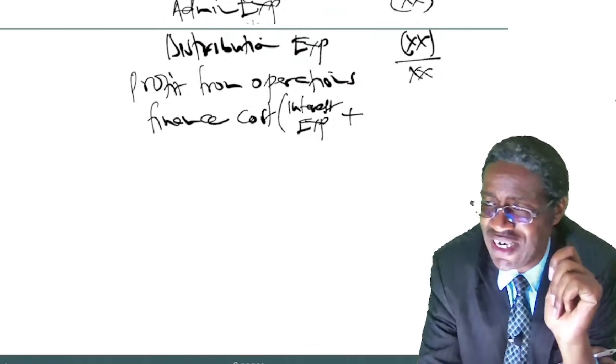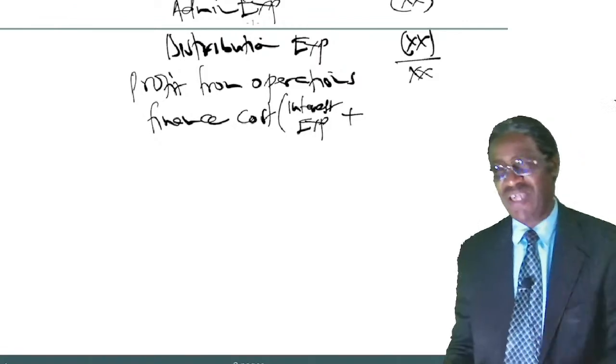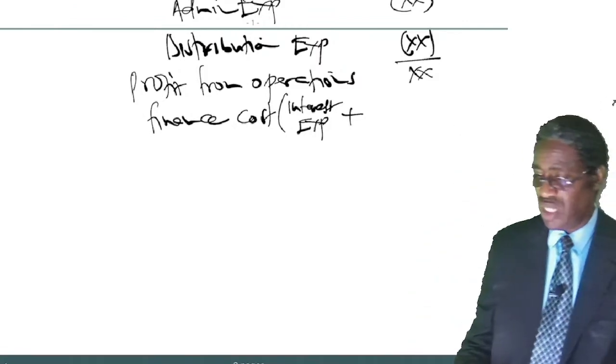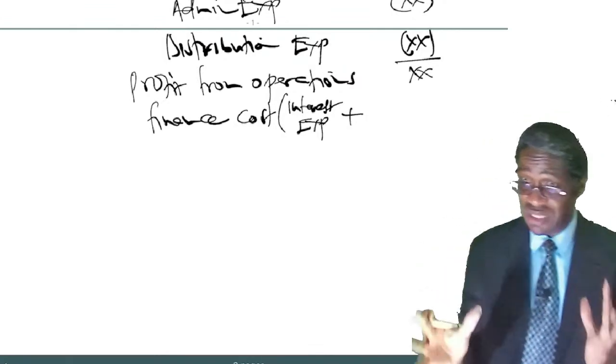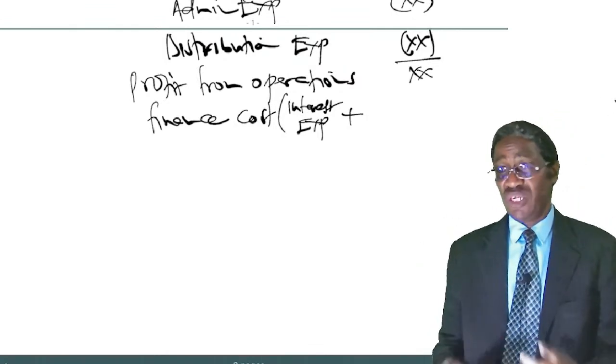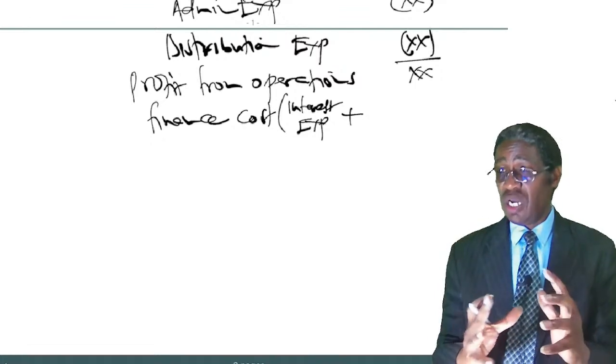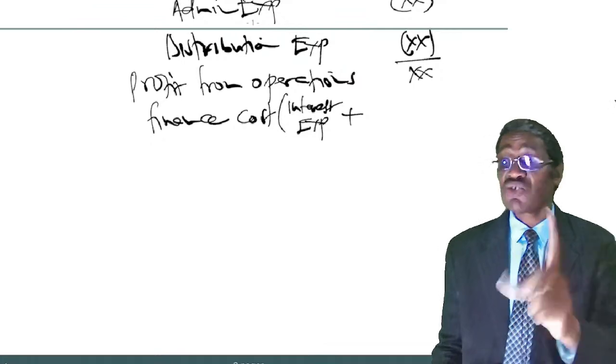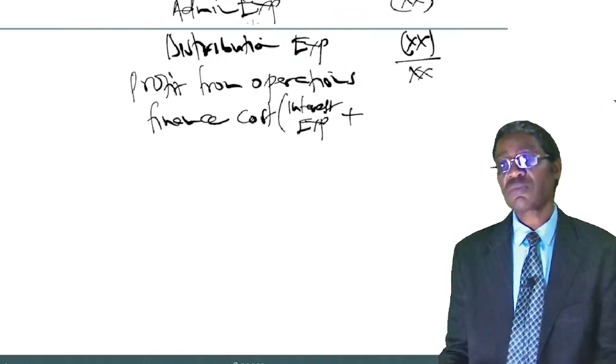Okay, let me just remind you. We may not go into the details of it, because when we were discussing this topic in the normal class, we discussed it in details. I may not go back into the details, but just to remind you, listen.